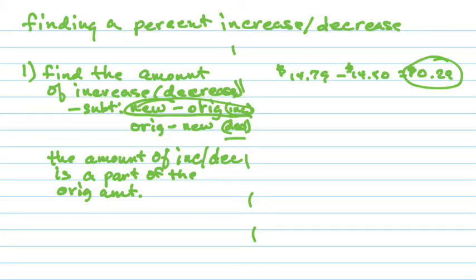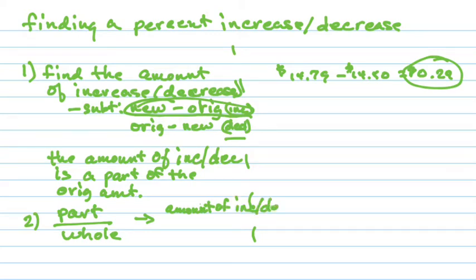We had to do a little math first to find the number. Okay? But now we're just going to put it as part over whole, where the part is the amount of increase or decrease, and the whole is the original amount. So just trying to keep you in the same terminology that we used on the others.